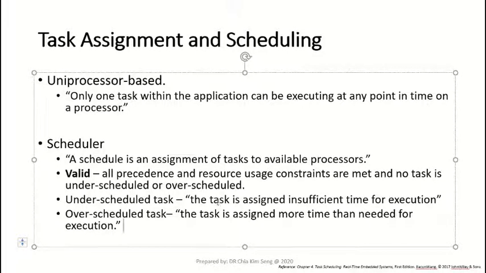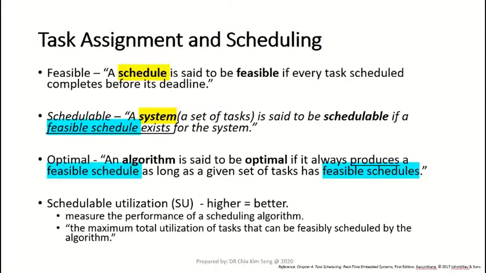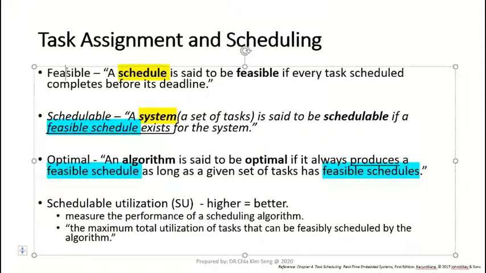A valid schedule means you should avoid both under and over scheduling. Just like when you schedule yourself to study a subject, make sure you have sufficient time, and at the same time you do not over-study that subject, to be valid.